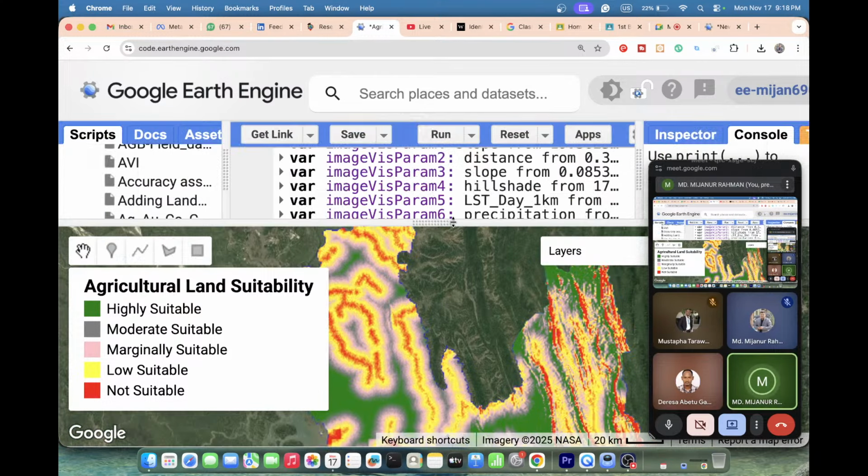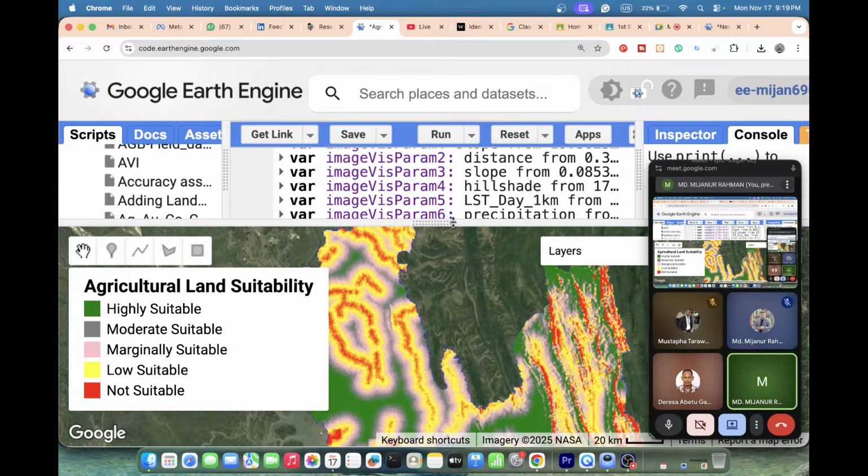Okay, so not only for that, there are a lot of uses in remote sensing for taking decisions. Suitability analysis is a GIS decision-making process. We can use different types of factors and combine them to identify the most ideal location for a specific activity. It can be agricultural land suitability, livestock grazing production area, or mineral production and exploration area.